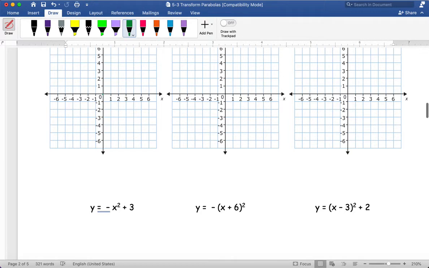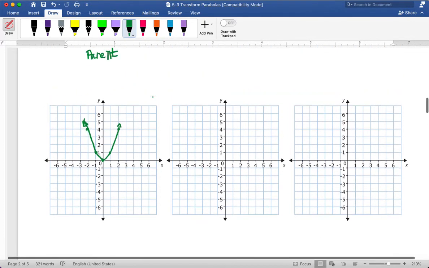Well, I've got 0, 0. 1 squared is 1. 2 squared is 4. Axis of symmetry. And connect with a smooth curve to get that U-shaped graph. Okay, so there it is. Parent function.